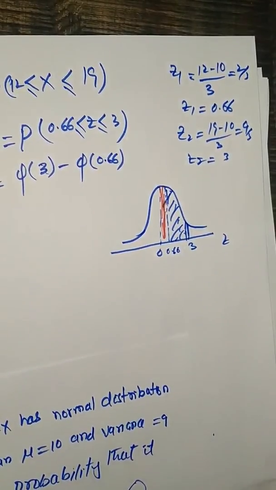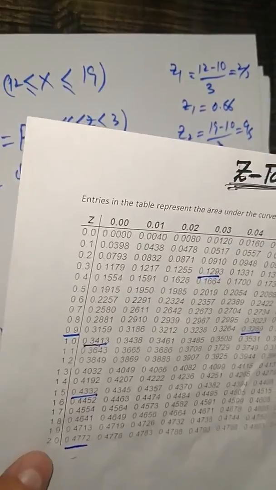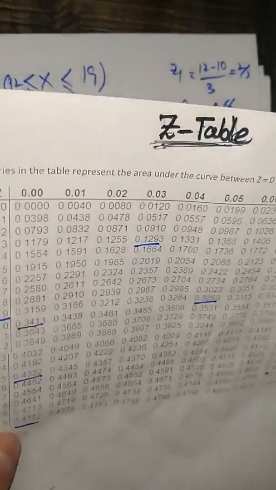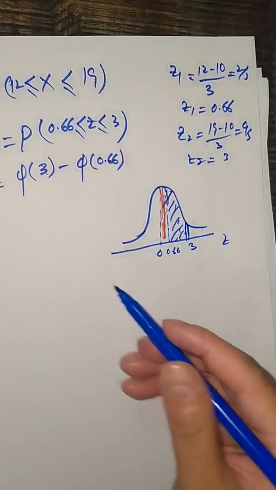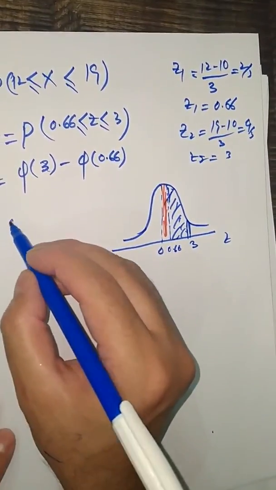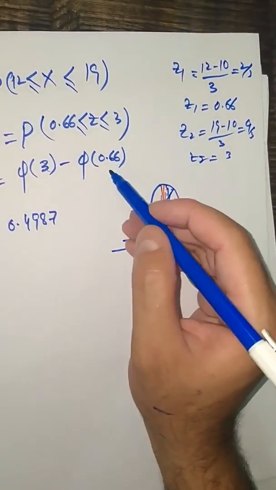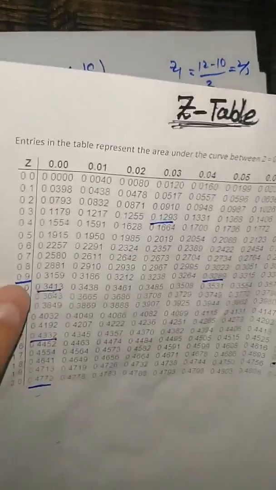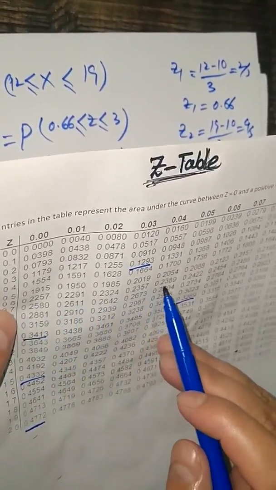So when z is equal to 3, its value you can find out from the table. Sorry, in fact this one is the short table. This would be equal to 0.4987. When z is equal to 0.666, so this is 0.6, I will move onward.